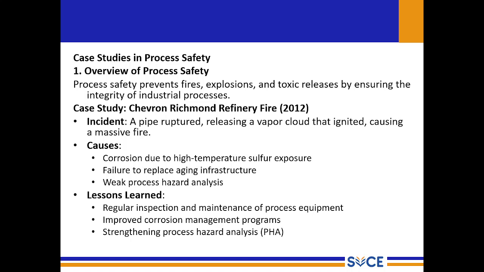So what are the lessons we learned from this? Regular inspection and maintenance of process equipment to detect and prevent failures. Improved corrosion management programs to mitigate degradation from sulfur exposure. Stronger process hazard analysis, PHA, to identify potential risks from failures.